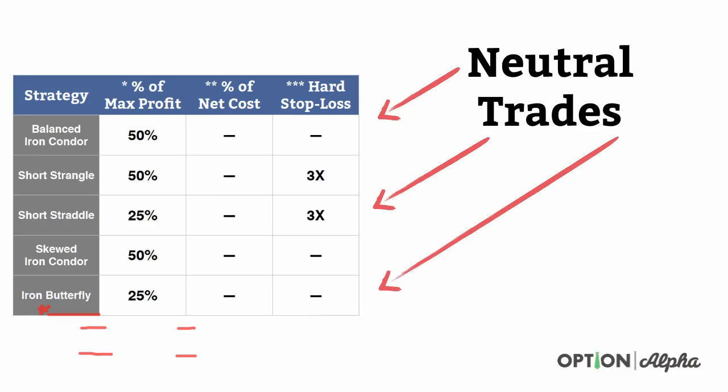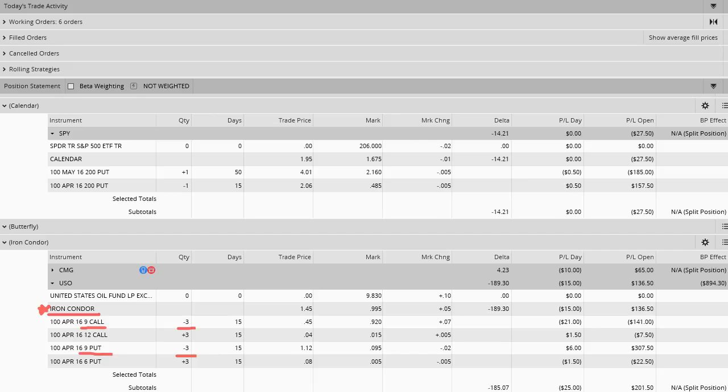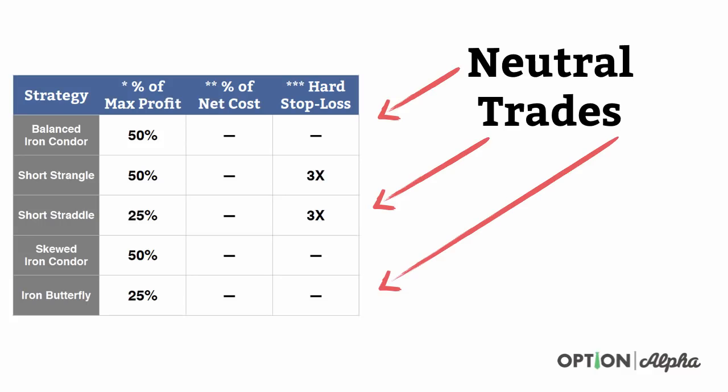So again, if we go back to our slides here and take a look at where we take money off the table with an iron butterfly, you can see that a neutral trade, which is an iron butterfly, takes money off the table when we've made 25% of max potential profit.